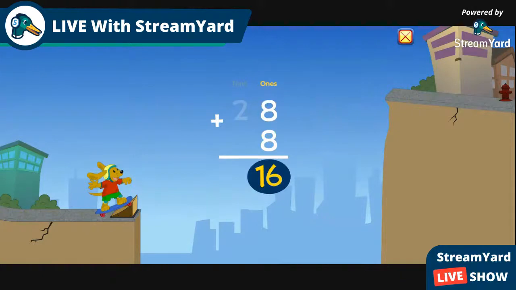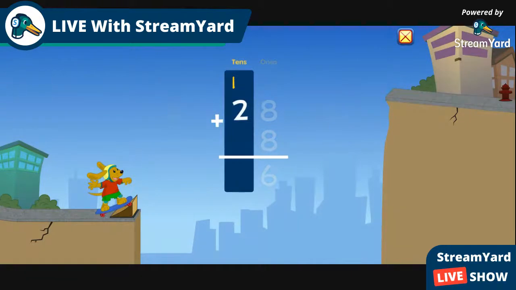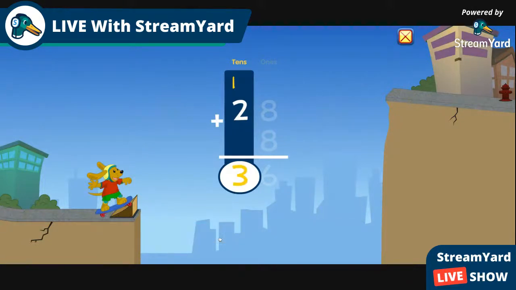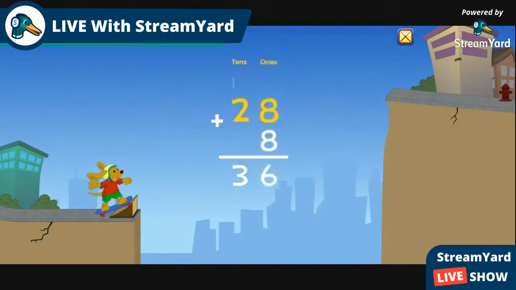Regroup. Now let's add the tens column. 1 plus 2 equals 3. Excellent. 28 plus 8 equals 36.